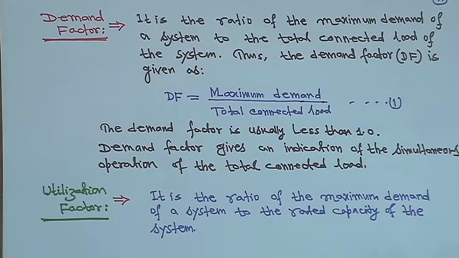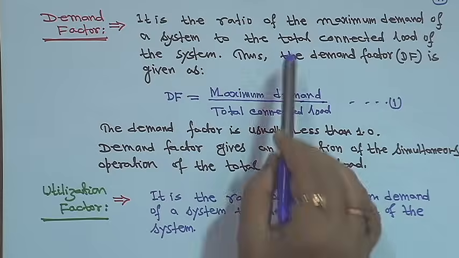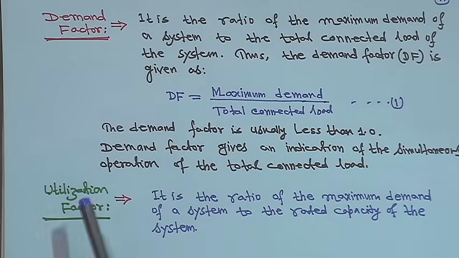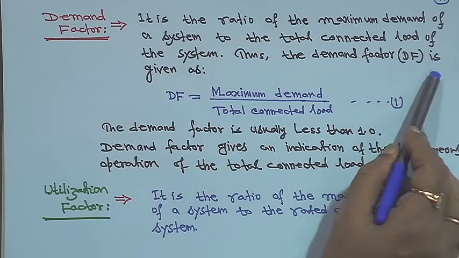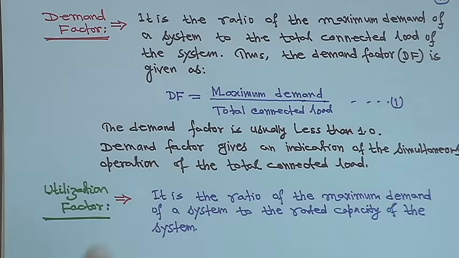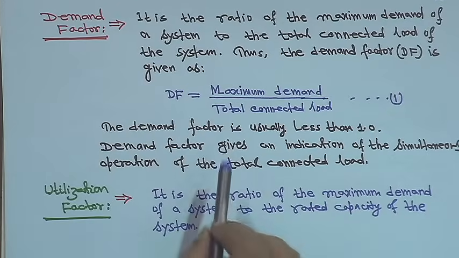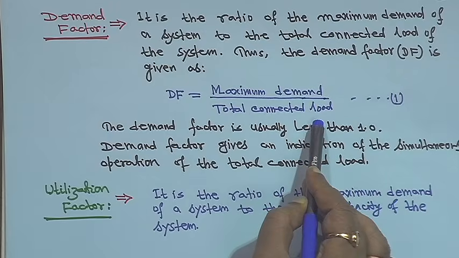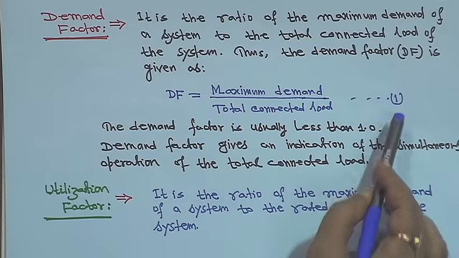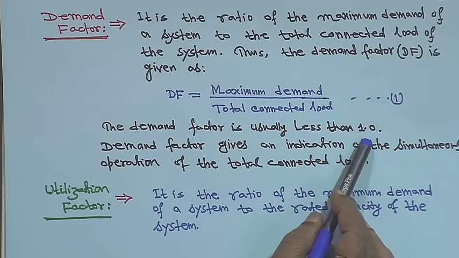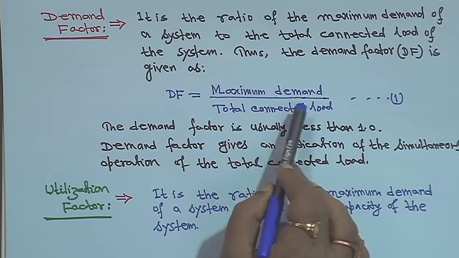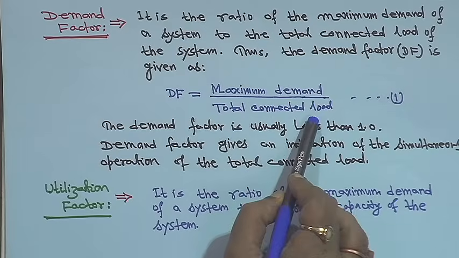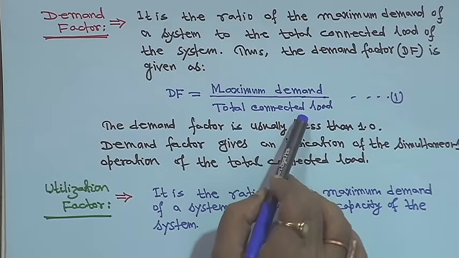Next is demand factor. It is the ratio of the maximum demand of a system to the total connected load of the system. Thus the demand factor, DF, is given as maximum demand divided by total connected load. So this is equation 1. The demand factor is usually less than 1, because if maximum demand is equal to total connected load, then it will be only 1.